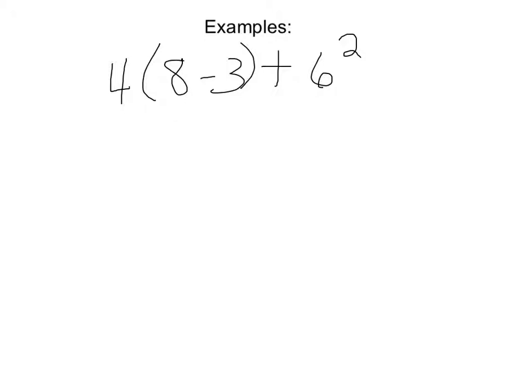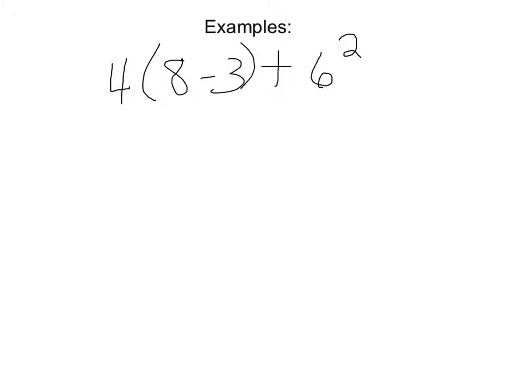Now let's look at a basic example of order of operation. We'll start with 4 times (8 minus 3) plus 6 squared. Following your order of operations, we need to do our parentheses first.